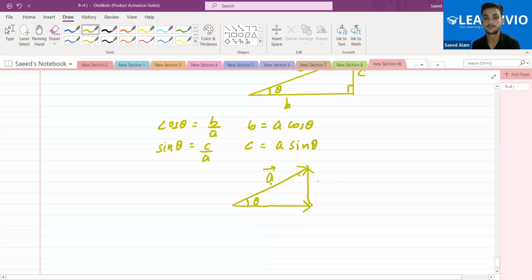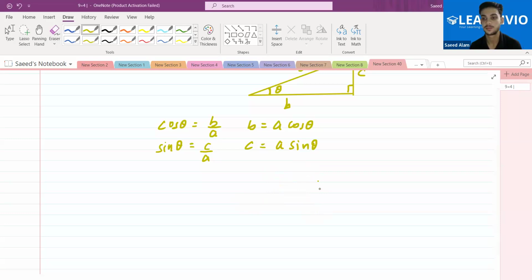Just wait. Actually, what is happening here is that you don't know anything about the sum of two vectors. How do you find the sum of two vectors in a graphical method?